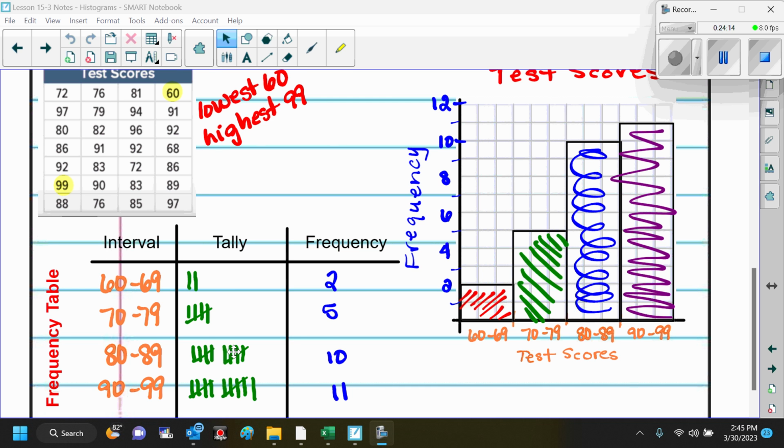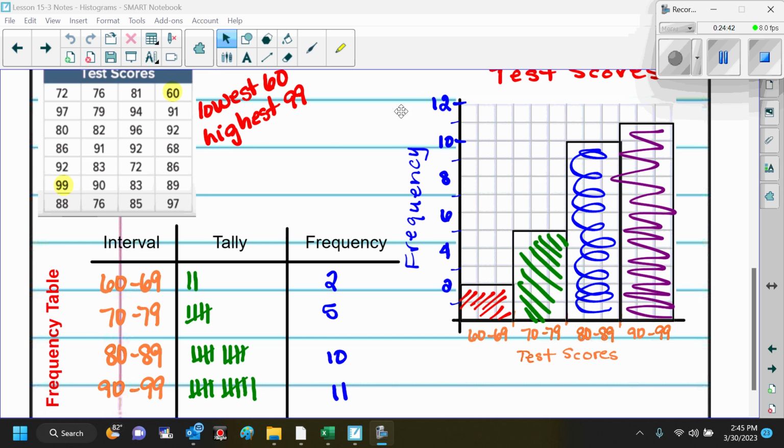So here, now we tally. Once I tallied, I went through and I just tallied where the 72, the 97, the 80, wherever they went in the intervals. And then we counted them up. So here's our frequency. So the intervals go on the x-axis, and I'm going to call those the number of test scores.